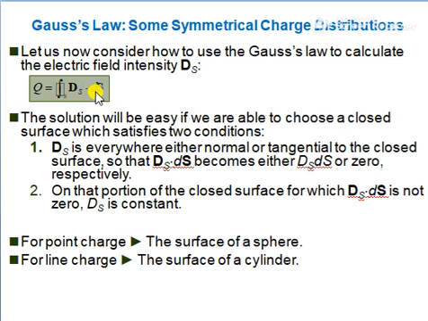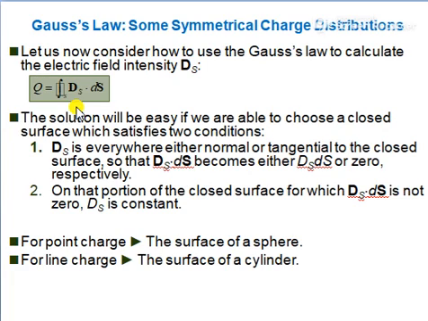Third step, choose the Gaussian surface. The fourth step is to integrate over the closed surface chosen as the Gaussian surface, keeping D unknown as it is. Then find the charge enclosed by the Gaussian surface.